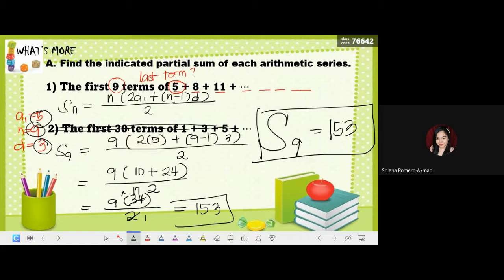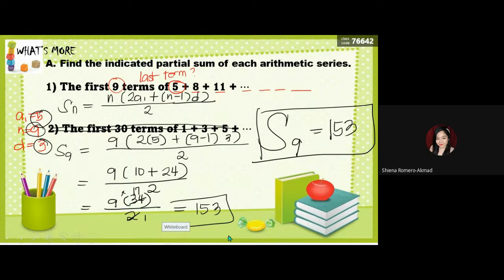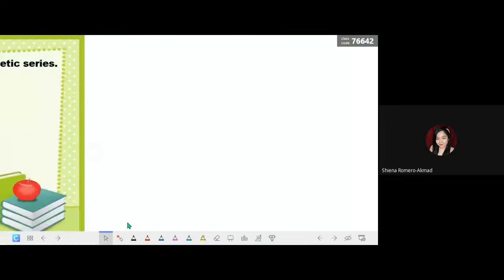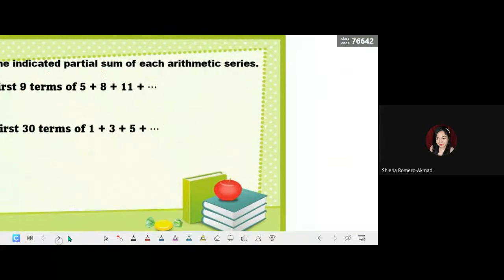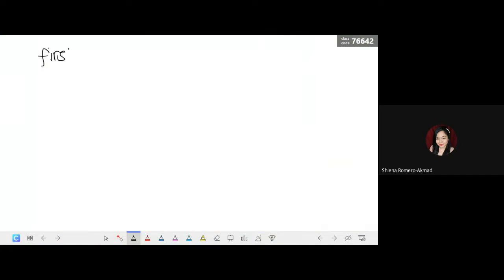So, another example is the first 30 terms. Siguro, dito na lang tayo sa susunod. Palitan na lang natin, first 30 terms, 1, 3, 5, and so on.